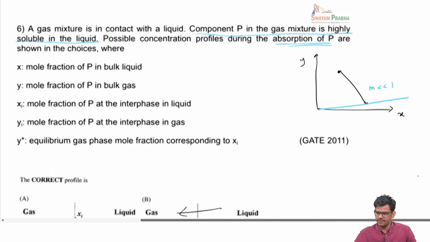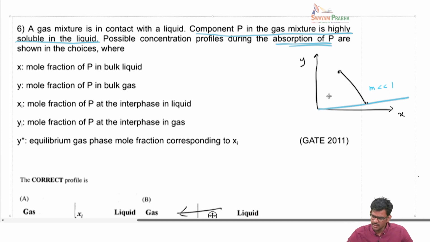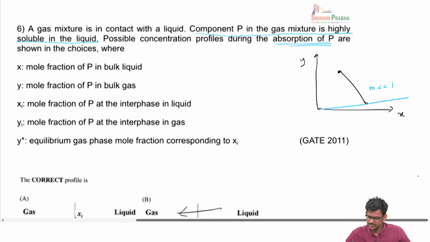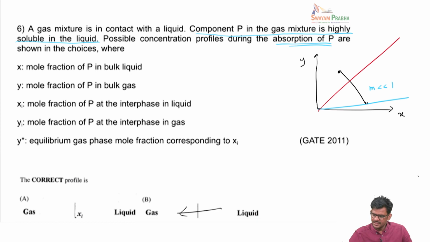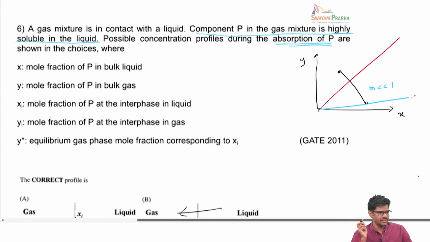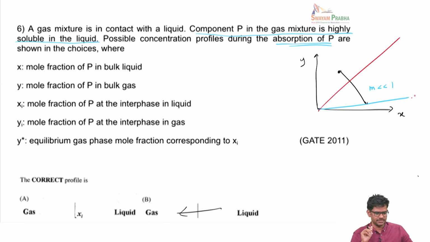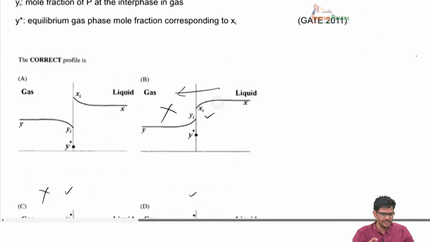You can get this information from the equilibrium line, which shows us a very soluble problem. Okay, so the y equal to x line would be somewhere here, right? y equal to x is a 45-degree line where along the line y is equal to x, but we have a line that is here. So for a given x, y will always be smaller. That's what you see here. For the given equilibrium concentration of x, the equilibrium y will be smaller because m is very small.